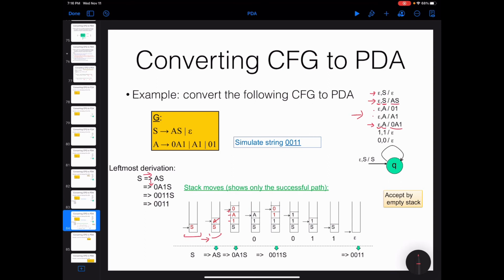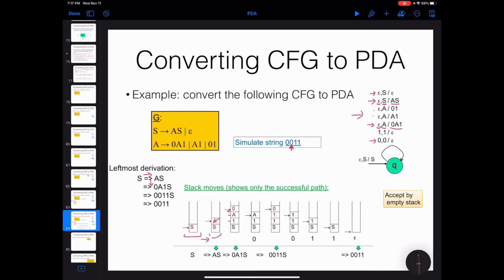Then the top of the stack is 0. The only transition which is possible is this one, which basically tells you that the first token of the input string has been generated. It's as if you have read this one and you are here. Now the first token has been consumed.